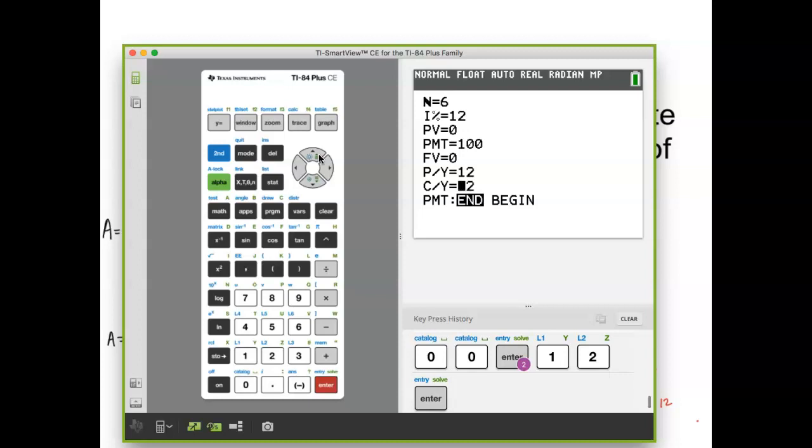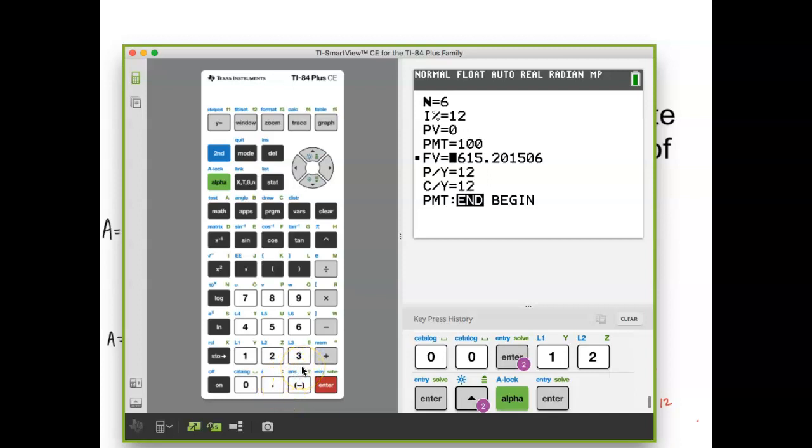Yeah, so you're just going to leave future value unknown. That's the thing we want to solve for, and this is the way we do it. You're just going to leave payment at end. But you can see that above enter, you have that solve command, and it's green. So I need to go alpha, because that'll access those green commands. And then I'll hit enter.